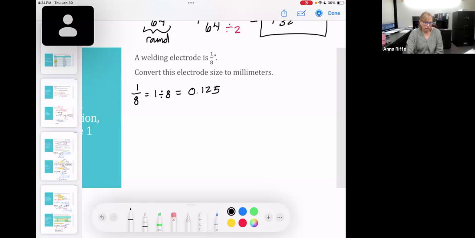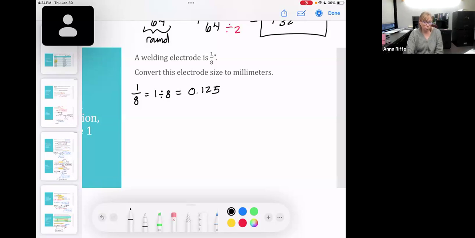Depending on which industry you're working in, you might already know the inches to millimeters conversion factor. But we're not going to do this in one step. We don't necessarily have a conversion factor that is directly relating inches and millimeters.